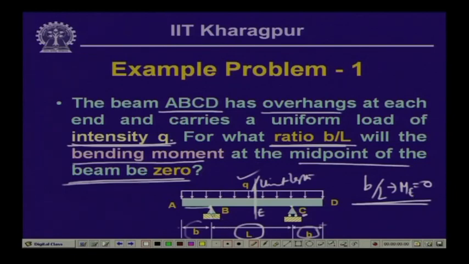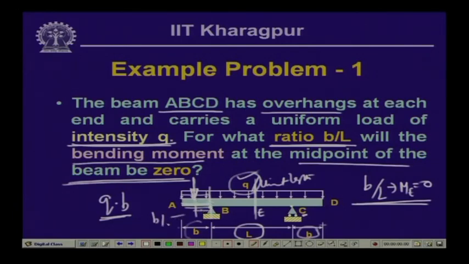Before we start, this is the overhanging part of length b, and since the intensity of the load is q per unit length, over this width b the load acting is q times b, acting midway along this distance, which is b by 2.